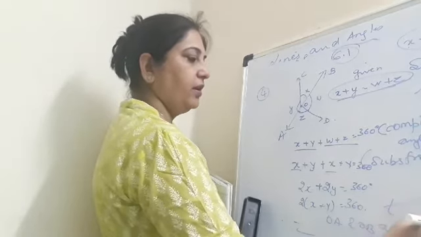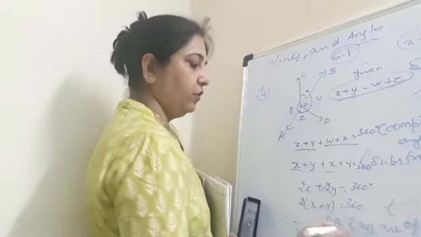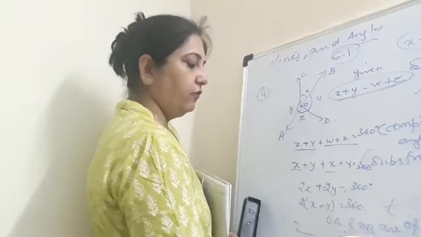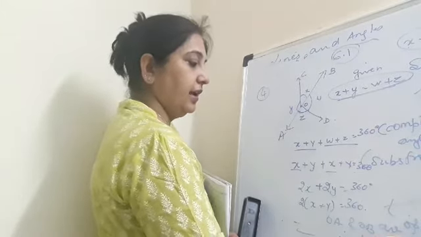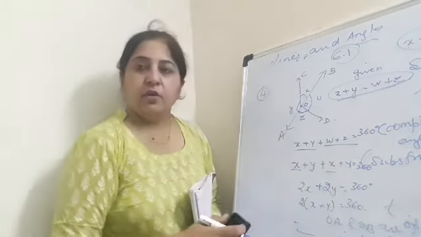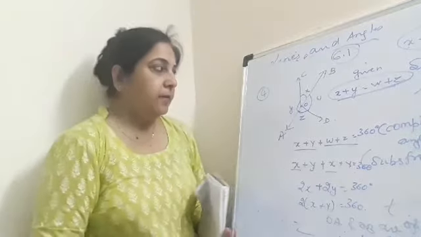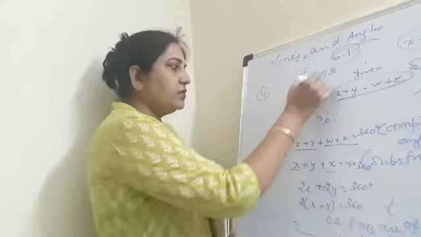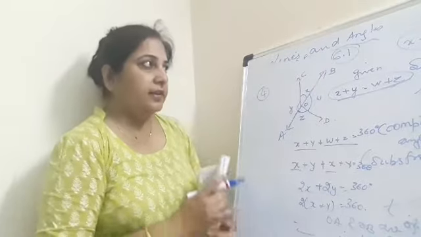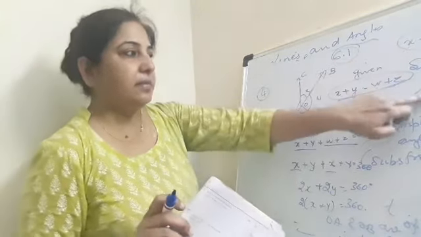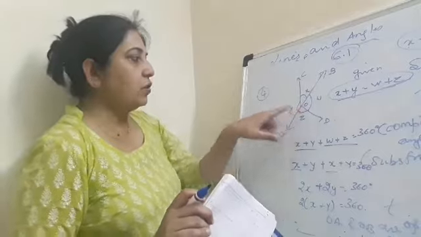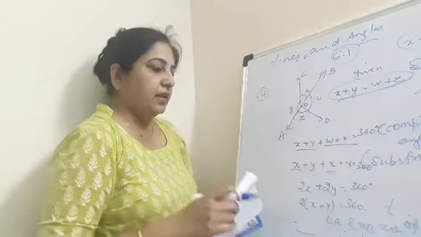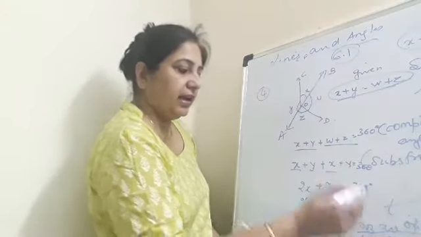Each and every point I am writing for you, and therefore AOB forms a line. This is an axiom given in your textbook which I had explained to you yesterday, that if two adjacent angles are supplementary, then the opposite rays form a line. So you can directly write that since the adjacent angles are supplementary, the opposite rays OA and OB form a line, therefore AOB is a line.